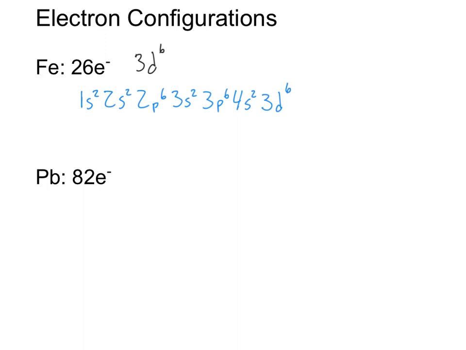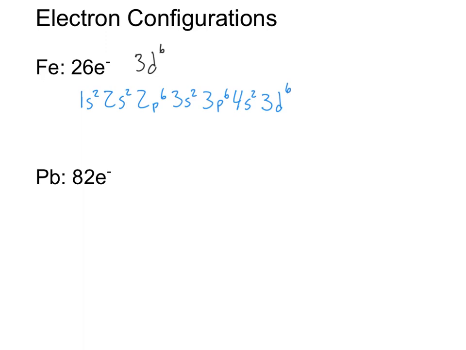And so, theoretically, this should be the electron configuration for iron. We can double check that by adding all of our electrons up and making sure that they equal our total of 26. 2, 4, 10, 12, 18, 20, 26. 6 electrons in 3d. And so there's our electron configuration for iron.